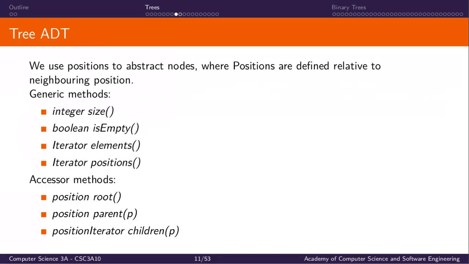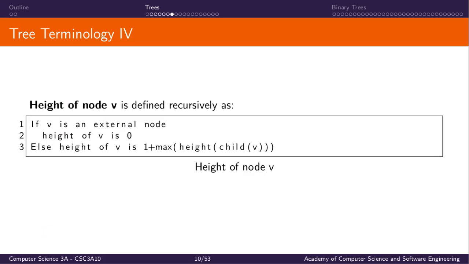A question, why isn't the height of A 4? Well, do any of the children of A have a height of 3? I didn't see that. So it's 1 plus the maximum height of any of its children. Why isn't the height of A 4? 1 plus 2 plus 1. Okay, we can't make up our own definitions.